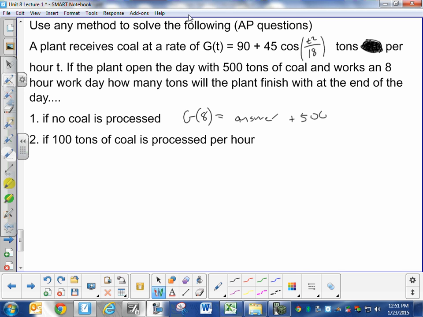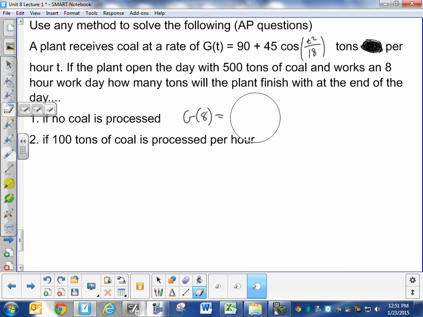What you're given is the change of the population. So what does G of 8 give you? Not the answer or how much coal you've received total. What is G of 8? Yeah, the exact rate, the instantaneous rate that coal is coming in at that moment.